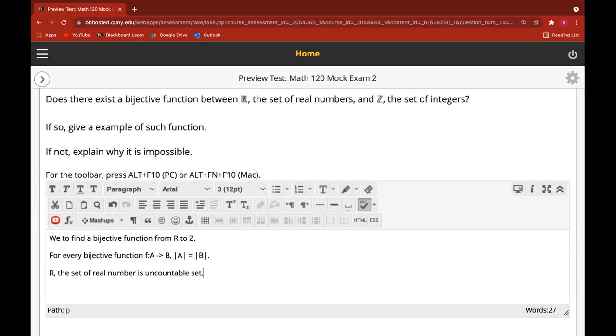It's an uncountably infinite set. Whereas Z, the set of integers, is a countably infinite set.